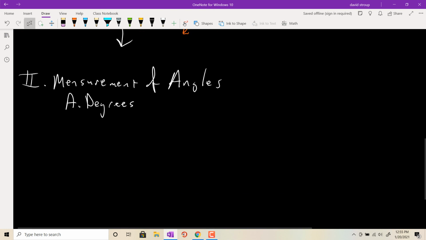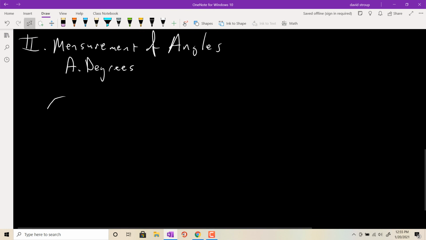What we're going to do is basically take a circle and cut it up into 360 parts. So 0, and then maybe 1 is right here. There would be 90 degrees right here, 180 is right here, this would be 270, and then if you go full circle, it's 360 degrees.